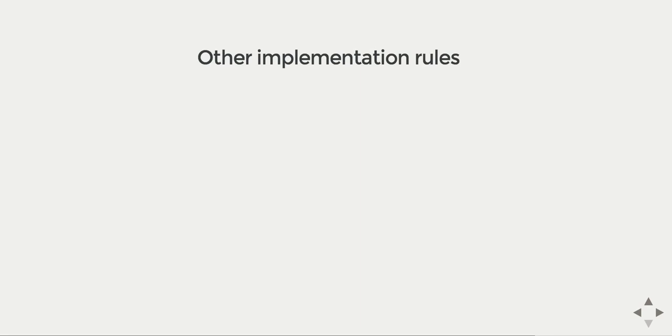So the other implementation rules we had, for example, with templates: we wanted to be able to package up all these widgets and make them available for whoever wants to use them. We were zipping everything up into individual modules that can be used individually as they want.